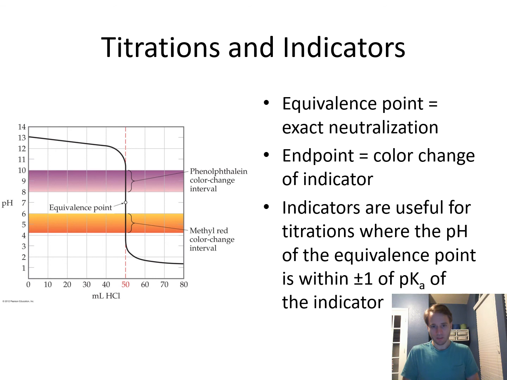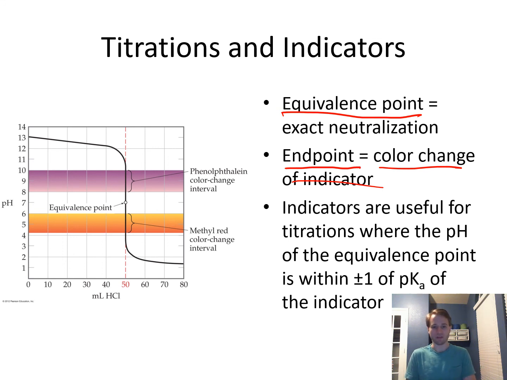So again, titrations in lab often work by using these indicators, and the idea is that when you've reached the equivalence point, you've reached the end point where the color change of the indicator occurs. At least that's the hope. You want to pick the indicator that does that. To do that, you need to make sure your indicator has its pKa roughly within plus or minus 1 pH of the pH that you assume your equivalence point is at.